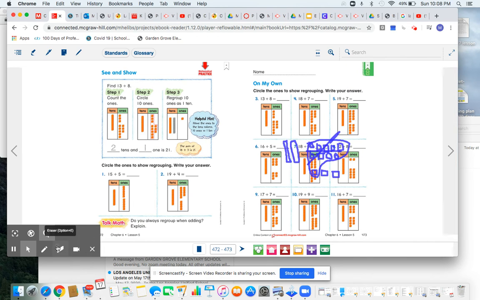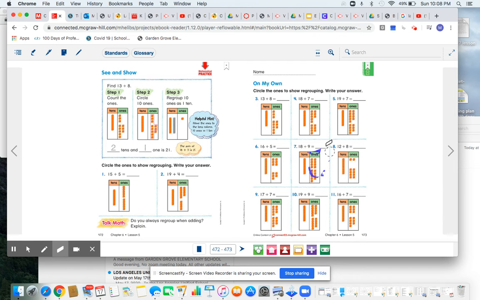So I want you guys to look at our example. Right here, the first page, it says find 13 plus 8. Okay, so we're going to go step by step on how we do this. So we're going to count the ones. So this is our problem, 13 plus 8.